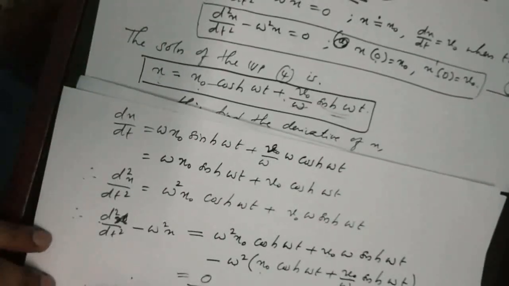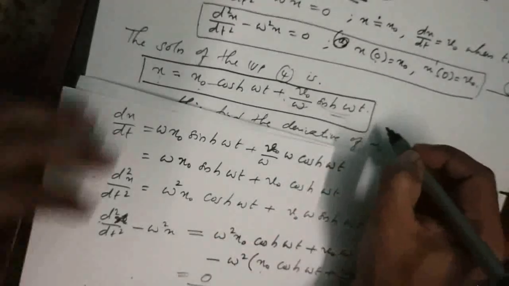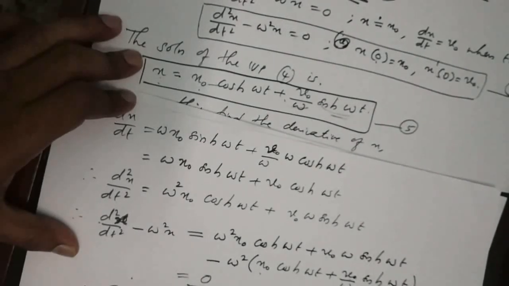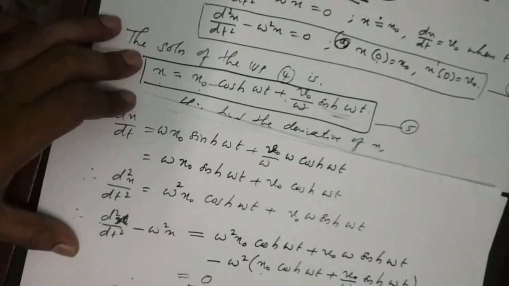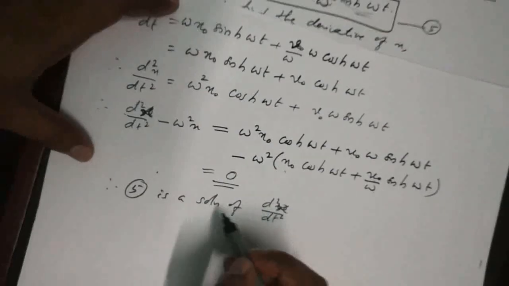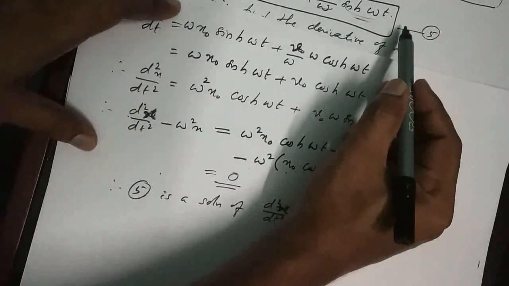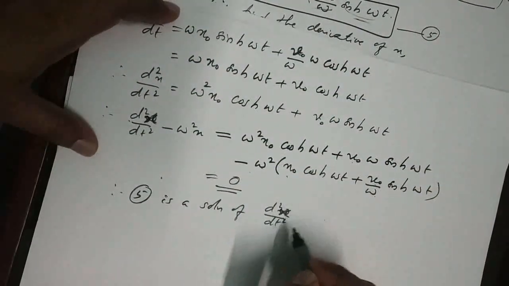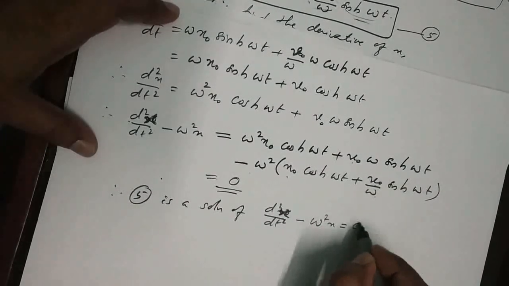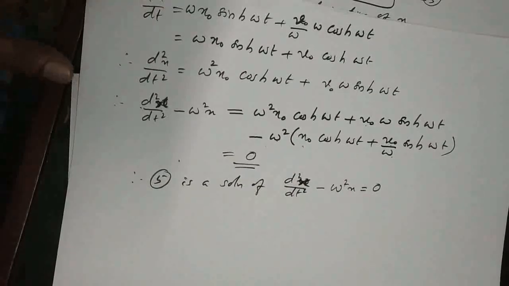Now therefore we can say that this is equal to 0, which implies that x is a solution of d square x divided by dt square minus omega square into x equal to 0. This is a solution.